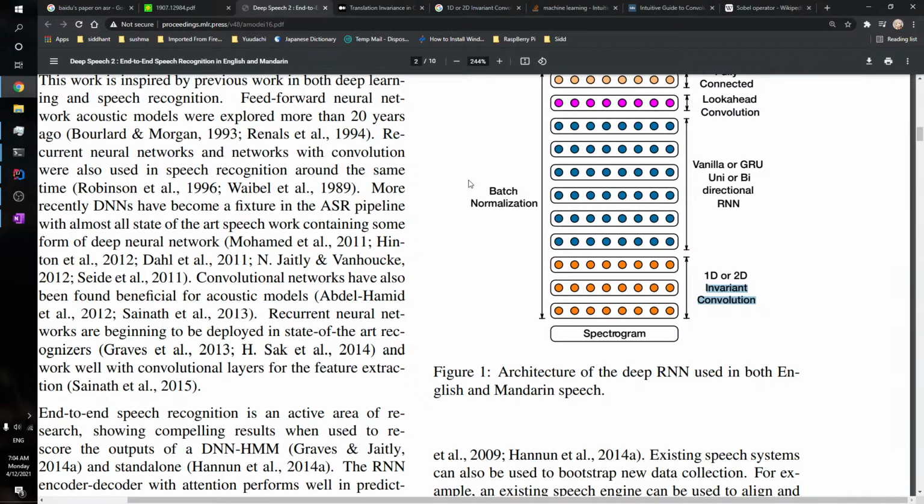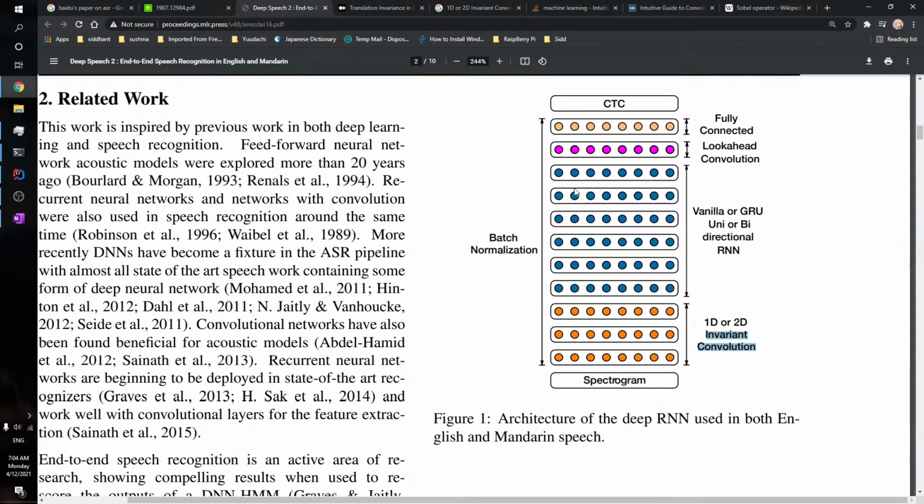Oh, okay, so basically it just sees that it doesn't matter where it is, it's just there, right?